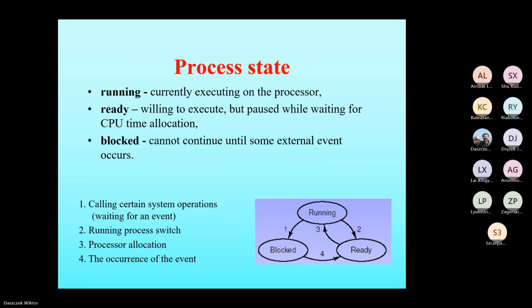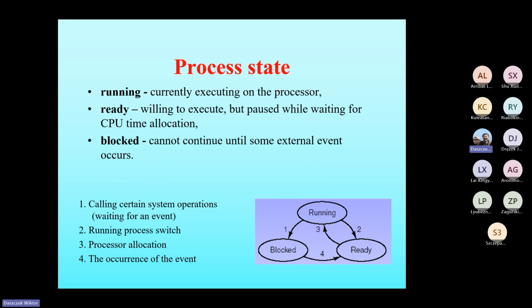Let's look at the states of a process. First, we have the state running. It has various names in operating systems: active, running, current. It is the process that has been allocated the processor, so it runs.